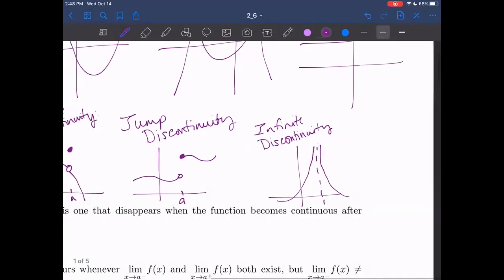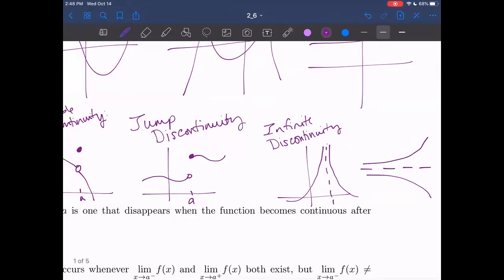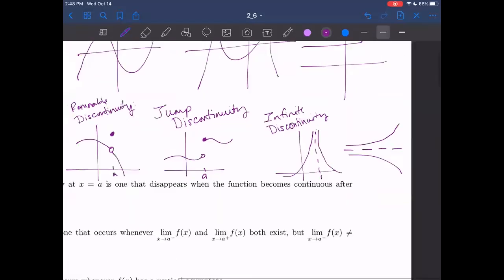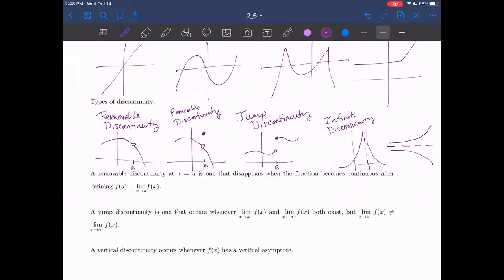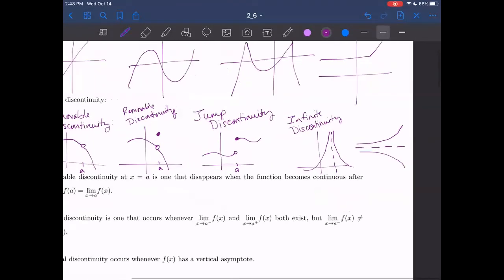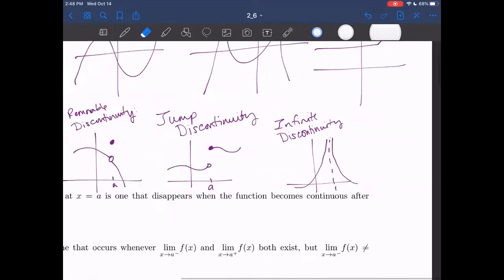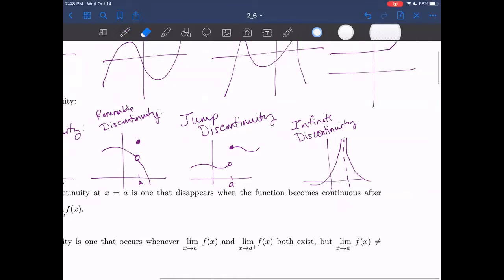If you had a horizontal asymptote, is it possible to have an infinite discontinuity there as well? No, it's not, because you can still have a function defined there. You're just looking for where the function is not defined.